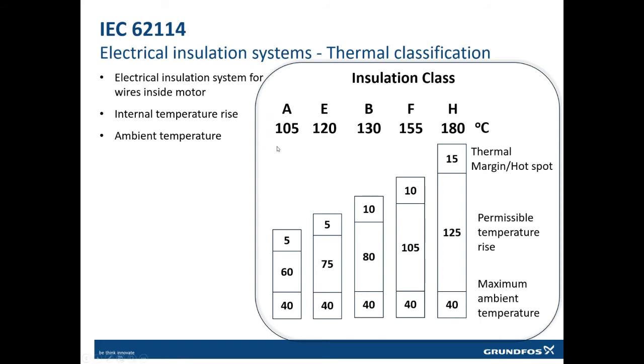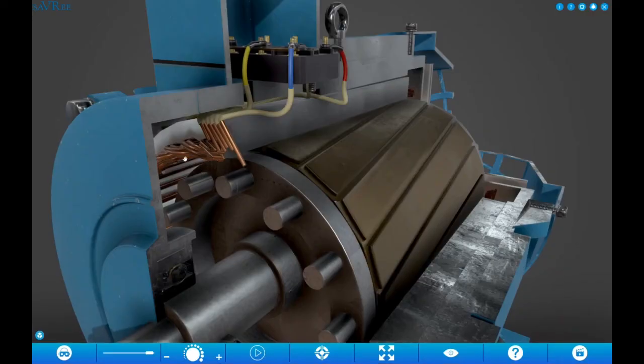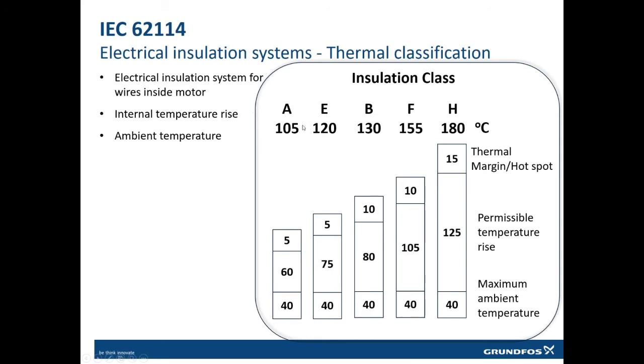If I use insulation class A, that means the temperature at this point, which will include the temperature of the current going inside, the temperature from outside, the temperature because of the rotor rotating, the friction, all of the temperatures combined together, shall not increase 105.